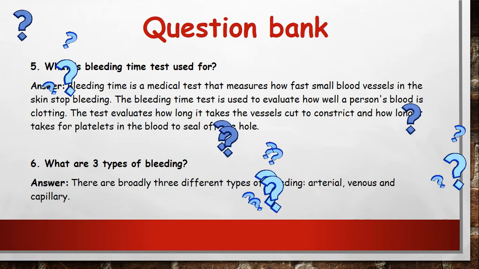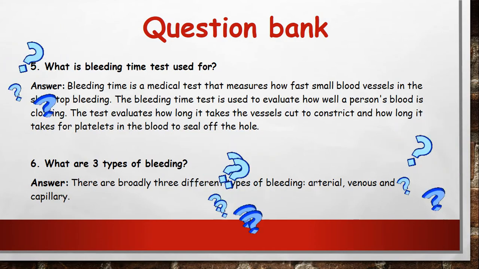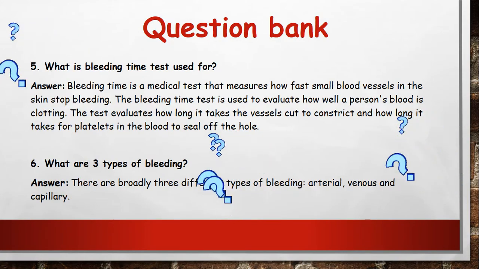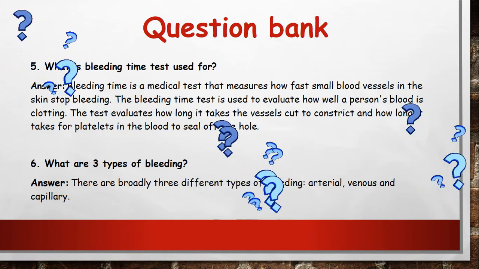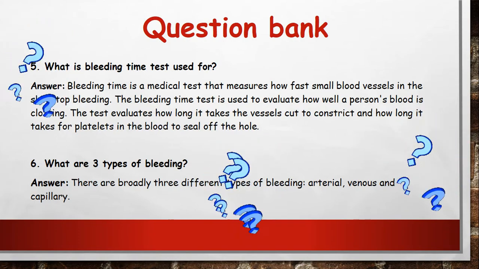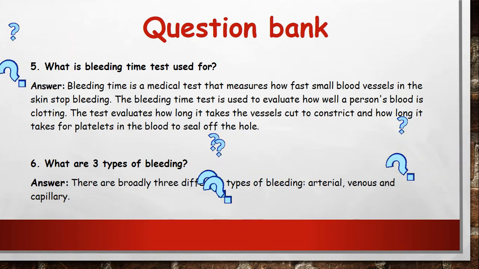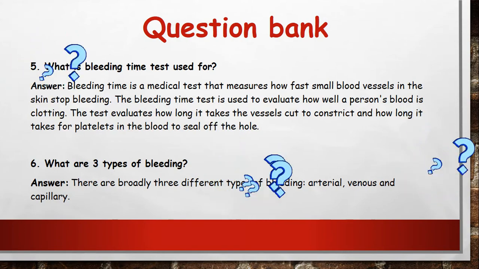Next question, what is bleeding time test used for? The bleeding time is a medical test that measures how fast small blood vessels in the skin stop the bleeding.